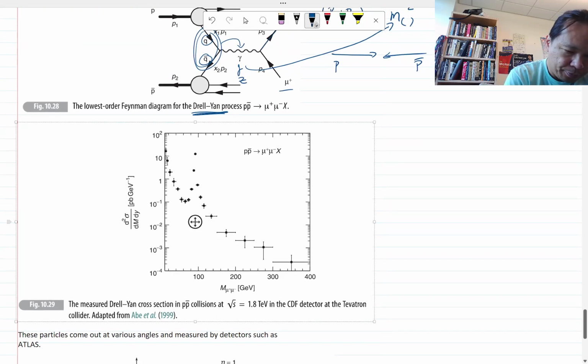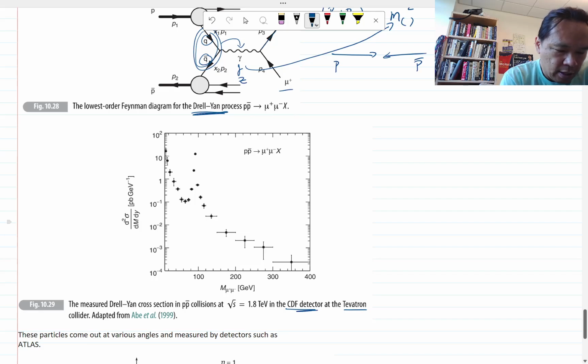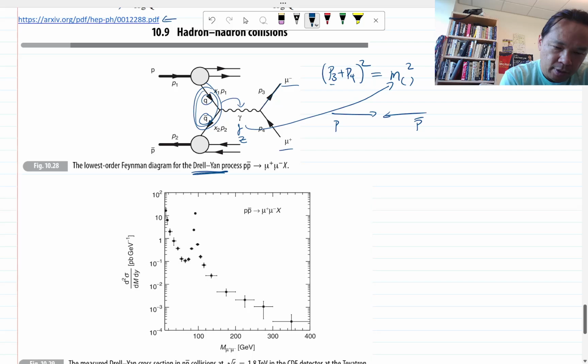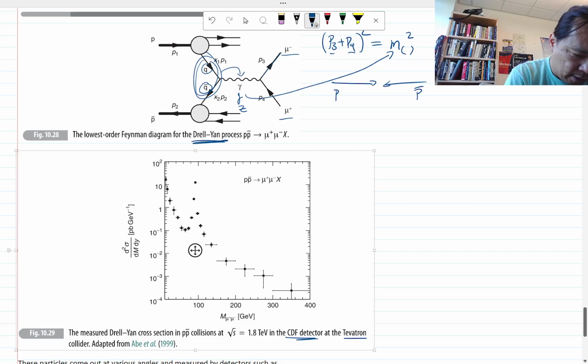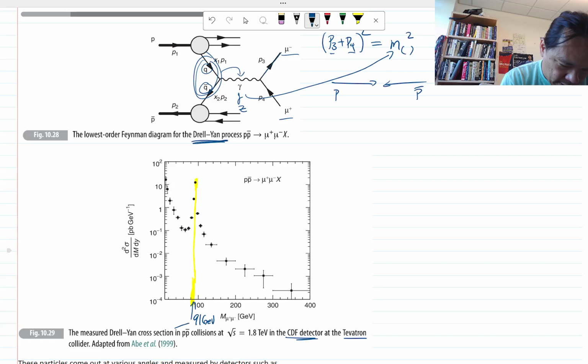This is a measurement from the CDF at the Tevatron, which stopped running in the early 2000s after the LHC turned on. They took P3 and P4 of these muons, added them together, and calculated the invariant mass. What they saw in these black data points is a peak right here at about 91 GeV, and this is exactly the mass of a Z.